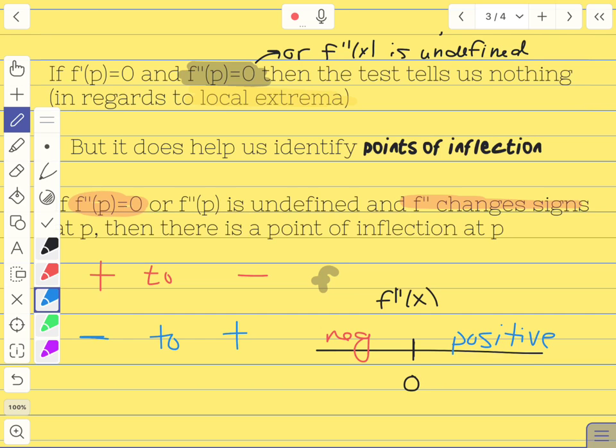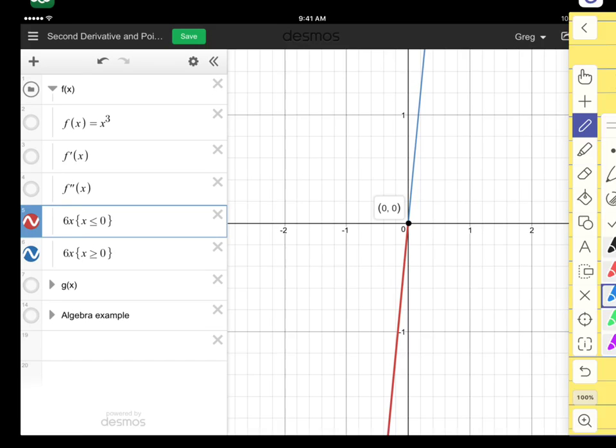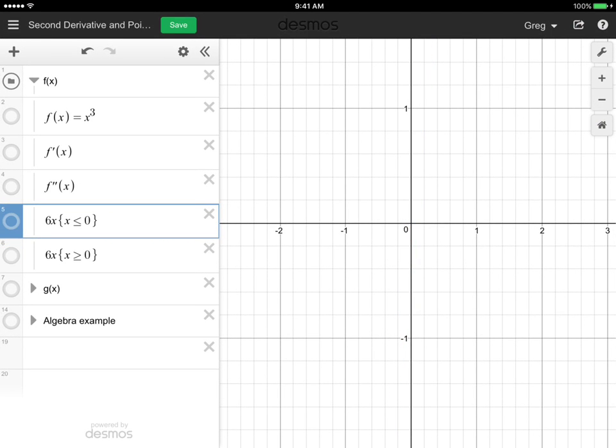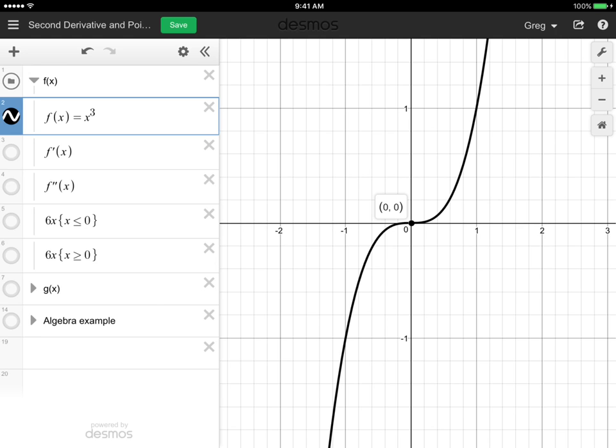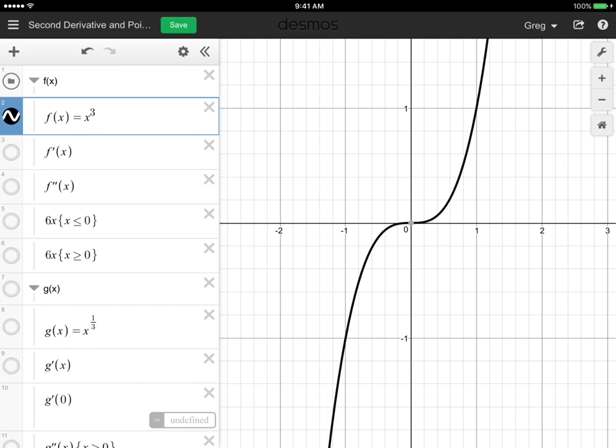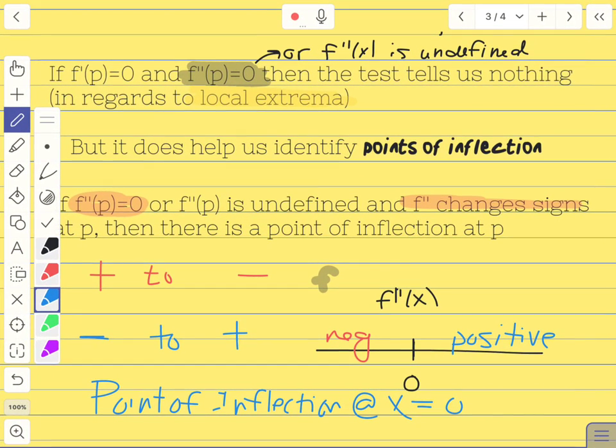So therefore, we can conclude that there's a point of inflection at x equals 0. And again, if we look at the original function, we label 0, 0. We can, in fact, see that is where the graph changes inflections.